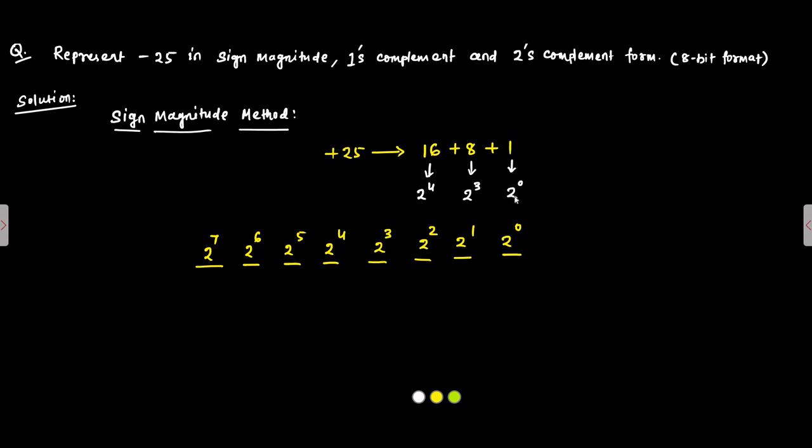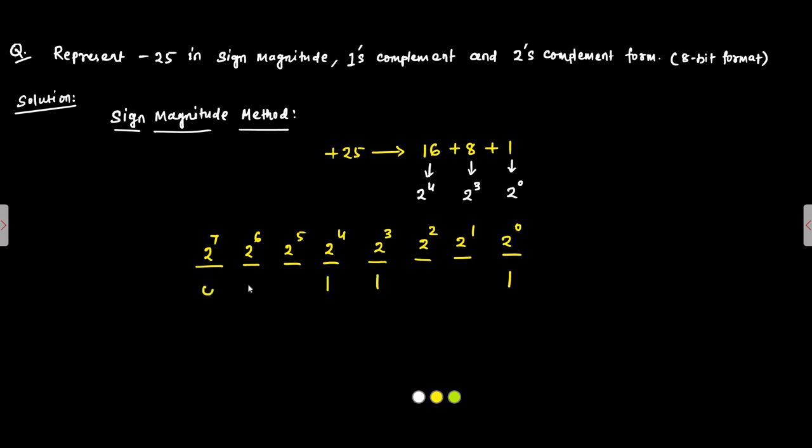In these positions there will be a 1 bit and the remaining will be 0. So at 2 to the power 0 there is a 1 bit, at 2 to the power 3 there is a 1 bit, and at 2 to the power 4 there is a 1 bit.